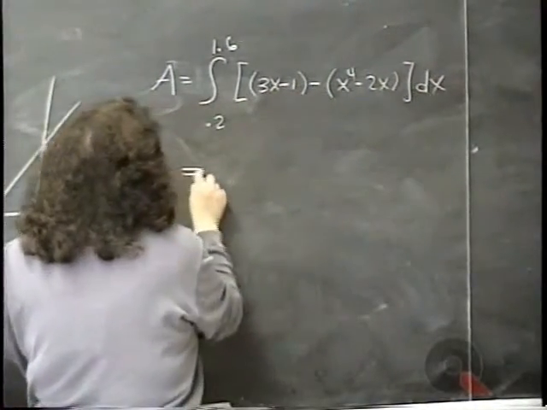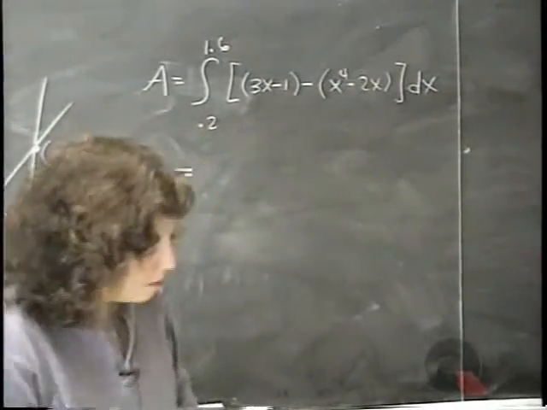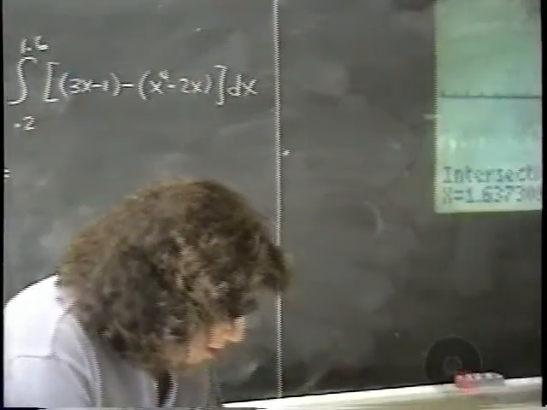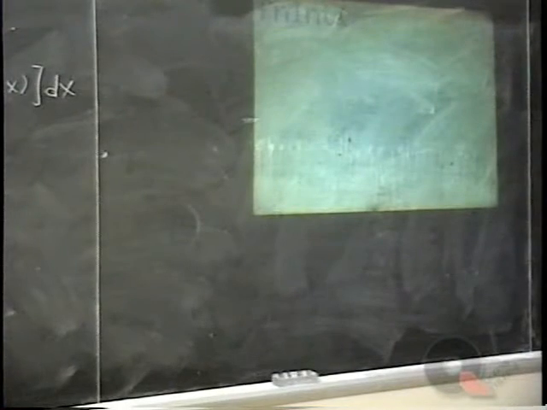And I'm going to get this on the calculator by hitting math and 9. Let's first quit where we are, second, and quit. Math and 9, function to be integrated.